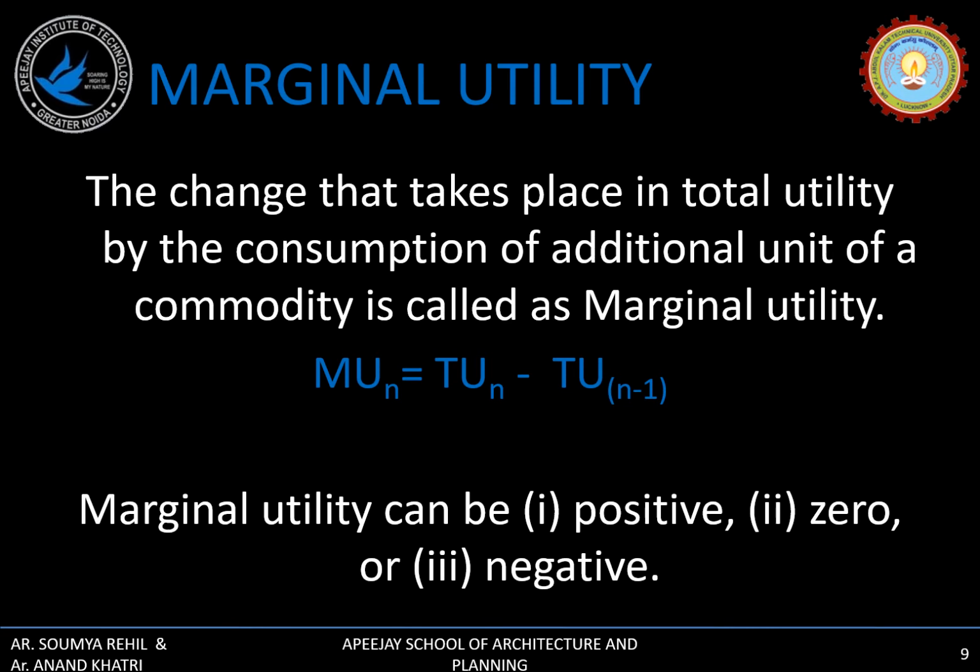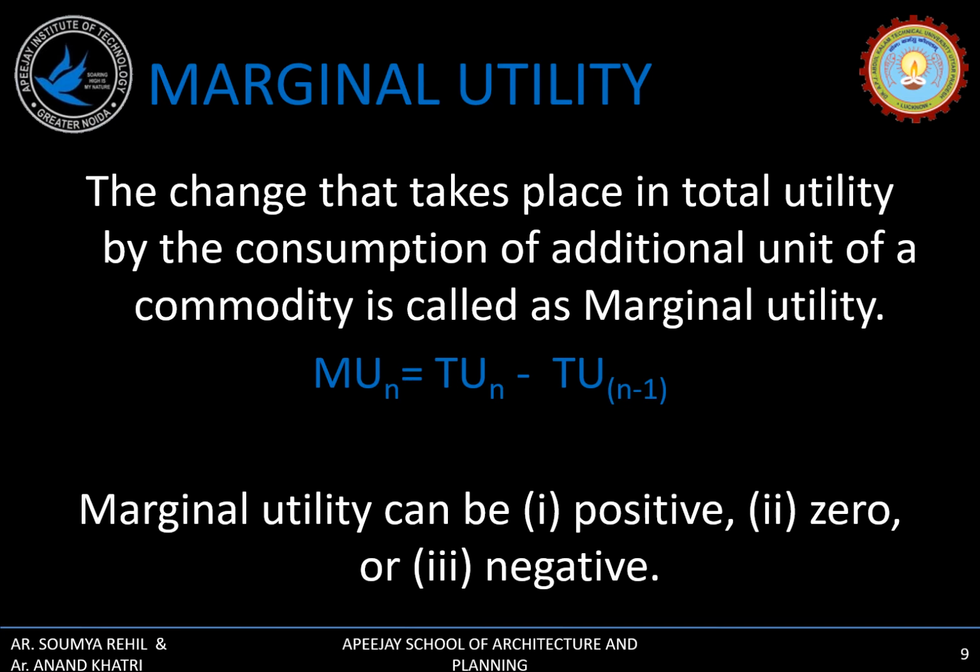Marginal utility. The change that takes place in total utility by the consumption of an additional unit of a commodity is called marginal utility. That's why the formula of marginal utility for n number of objects consumed is equal to total utility for n objects consumed minus total utility for n minus 1 objects consumed.